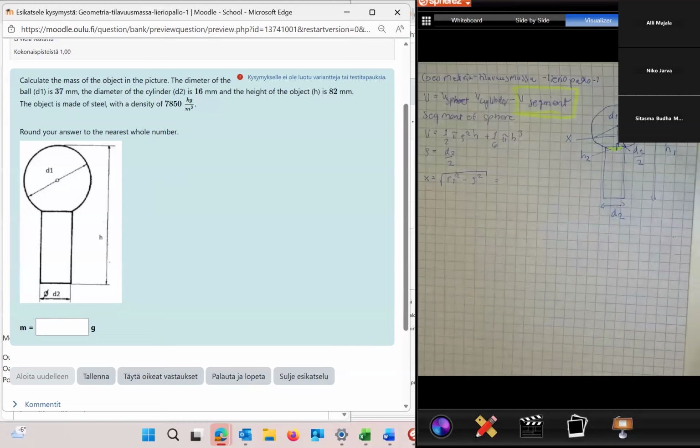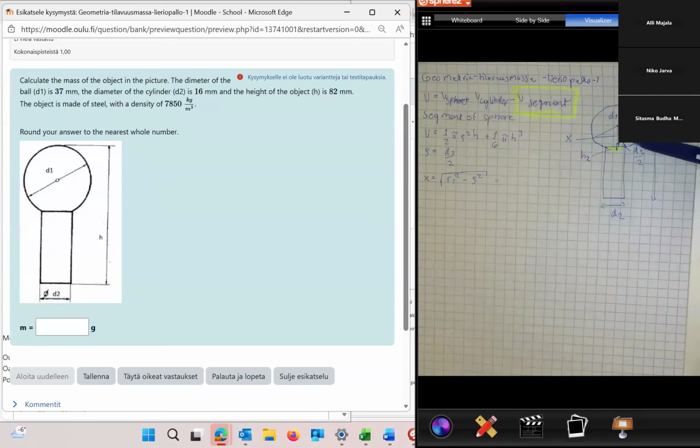Well, first of all, I would need to know this height, the height to the start of the cylinder. That I can solve with this right triangle, obviously, because I can draw the radius of the sphere to the start of the cylinder here. And then I also know this because it's the radius of the cylinder.